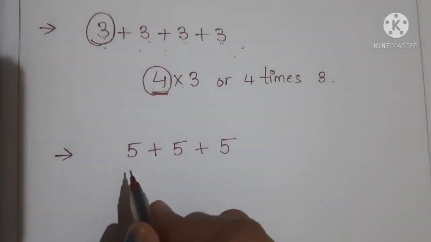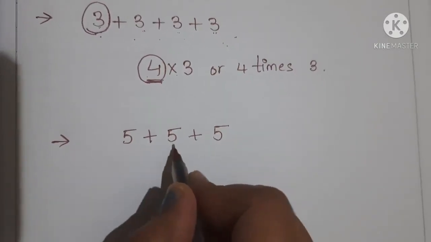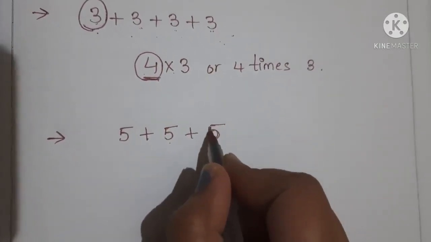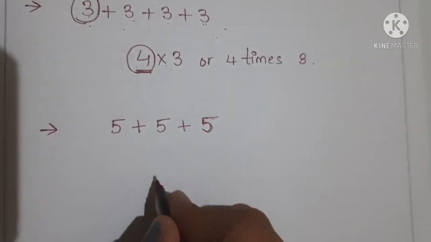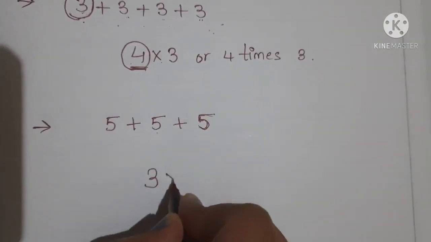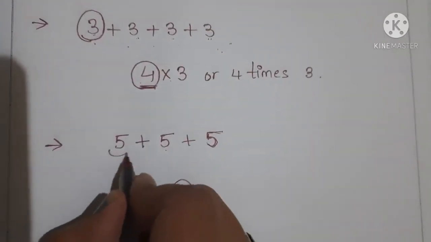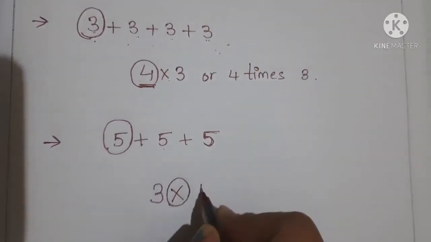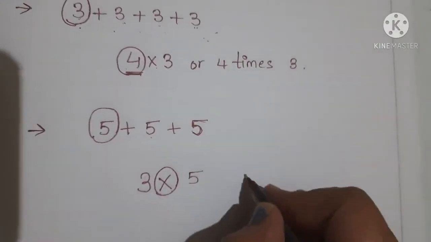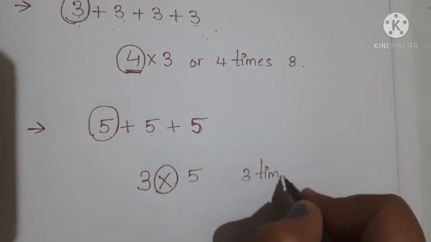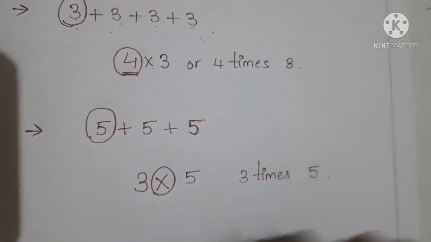See here. 5 plus 5 plus 5. How many times this 5 is repeating? 3 times. Into, this is sign of multiplication, right? Which number is repeating? 5 is repeating. Or we can write it as 3 times 5.